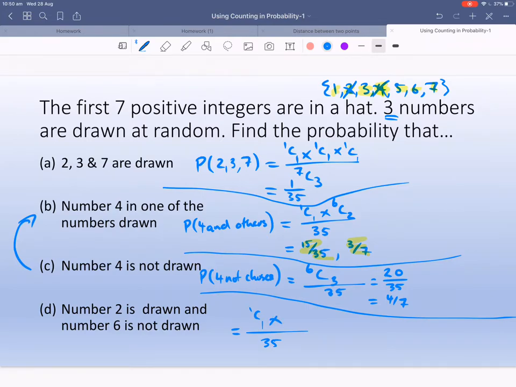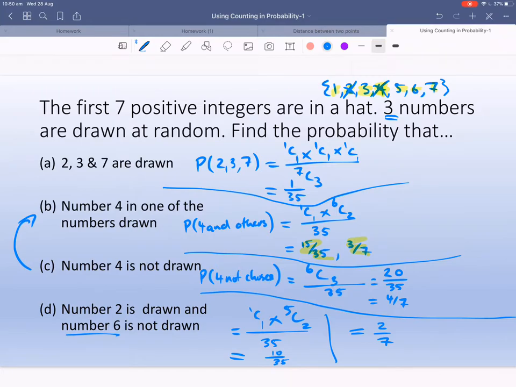So after drawing the number 2, we have 6 numbers left, but the question says number 6 is not drawn. So how many numbers do we have now? 5. And we need to choose how many more to get 3? 2. All right? And so let's just work that out. 5 choose 2. So it's going to be 10 over 35. So the answer will be 2 over 7.